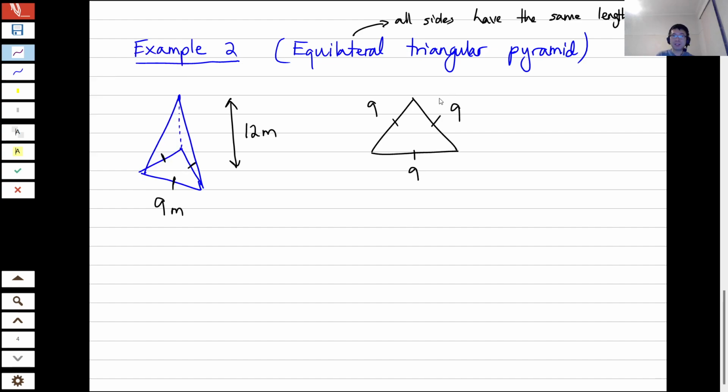The height, so just now I'm talking about the height of the triangle, not the height of the pyramid. Just be careful here. So if you're ever unsure, just be really specific about which height you're talking about. The height h of the triangle is unknown.